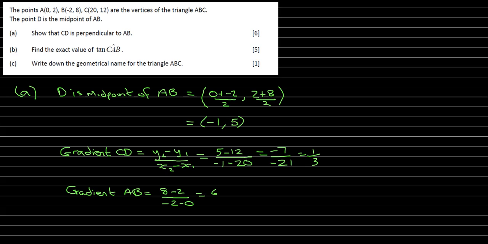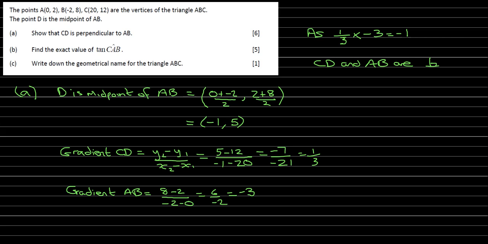So that's 6 over minus 2, which is minus 3. So as a third times minus 3 equals minus 1, CD and AB are perpendicular.